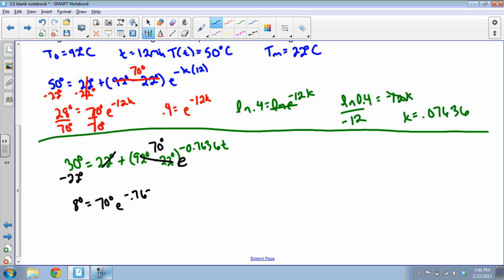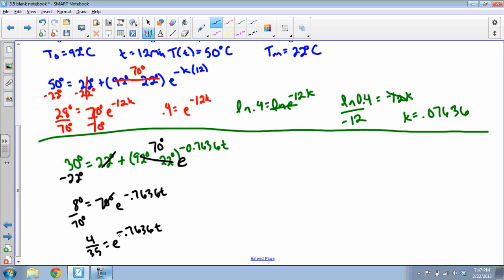Negative 0.07636 t. Divide by 70 on both sides. 8 divided by 70. Now that's not at all a nice decimal, so I'm going to leave it as 4 over 35. So 4 over 35 equals e to the negative 0.07636 t.